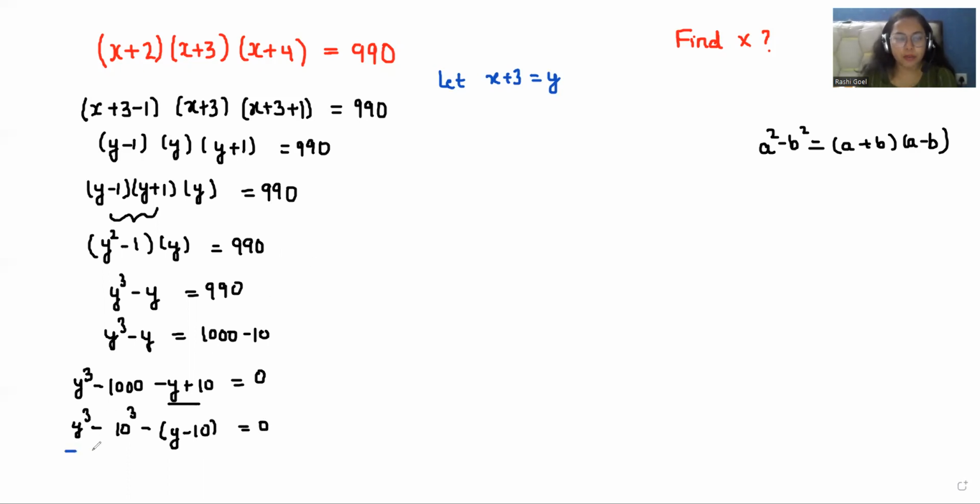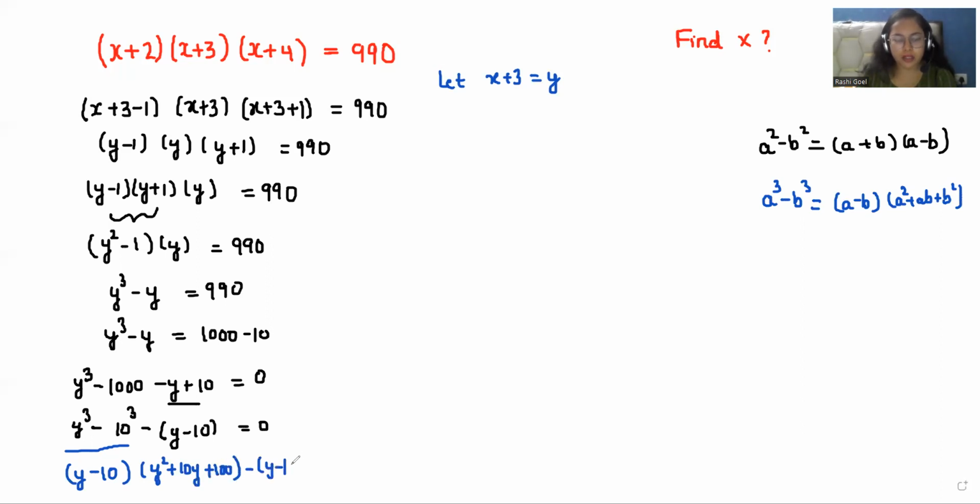Here for y cube minus 10 cube, we can use the identity, that is a cube minus b cube is equal to (a minus b)(a square plus ab plus b square). So I can write it as (y minus 10)(y square plus 10y plus 100), and here minus (y minus 10) is equal to 0.